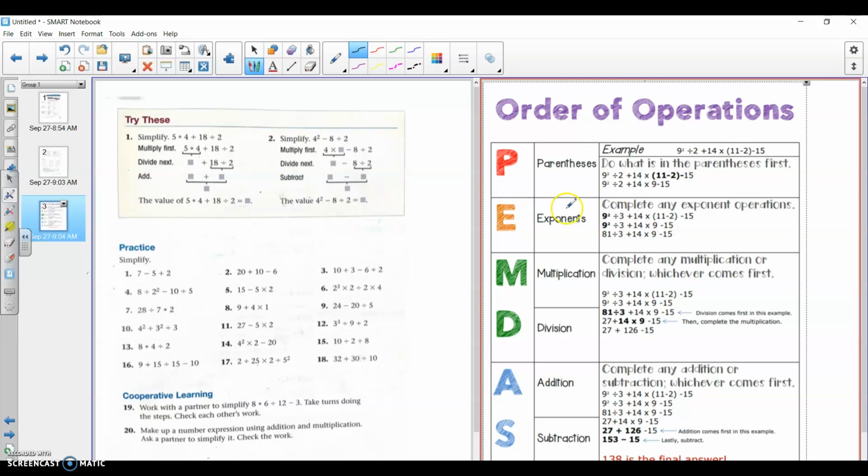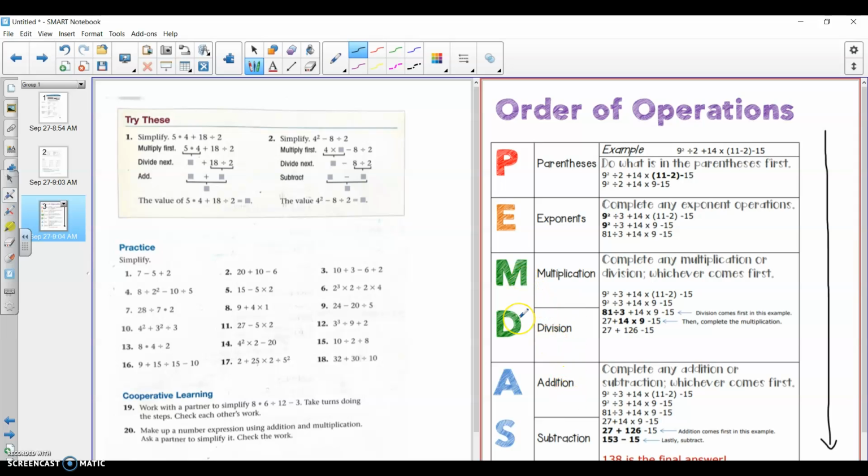I put it in my slide over here. So we are going to actually understand that we have to work from top to bottom on this sheet. So we have to look for parentheses, then exponents, multiplication, then division, and addition and subtraction.